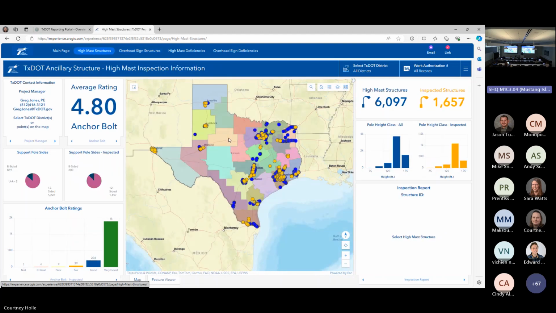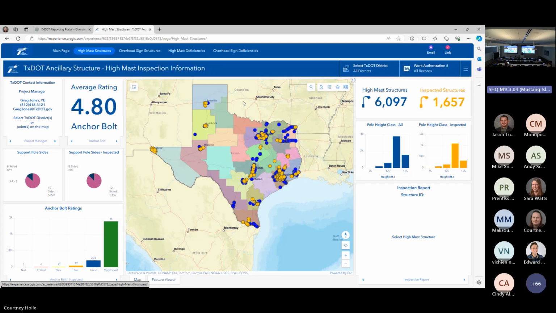For the high mast, we've covered pretty much all of Texas except for the central West Texas part. These points in blue are the high mast structures. In Texas, we have 6,000 or so far. There'll probably be a few more once we get West Texas. And we've inspected about a fourth of them.